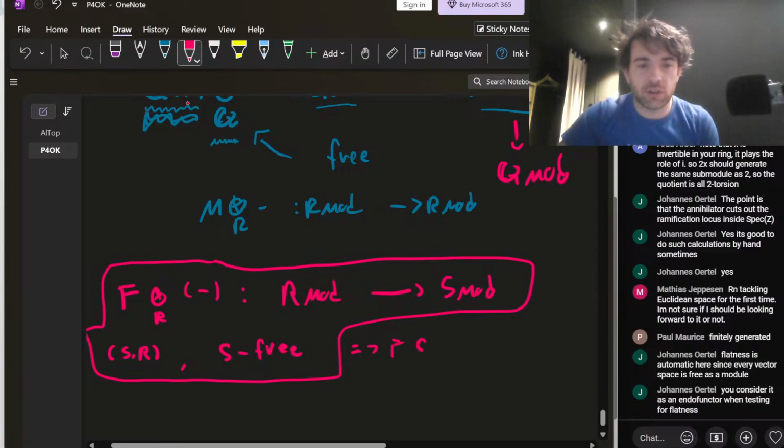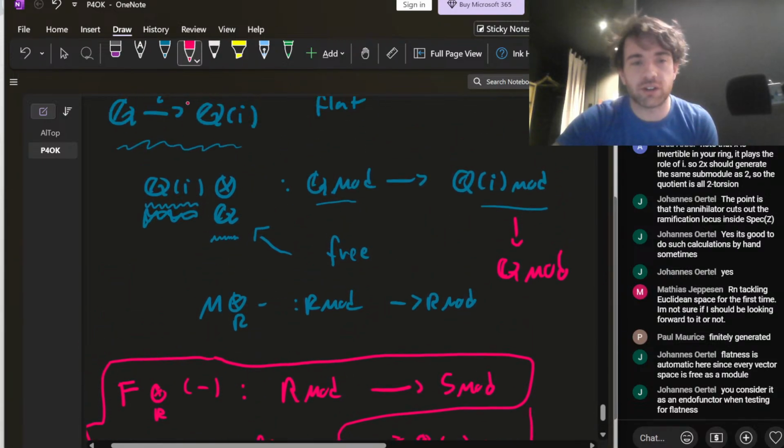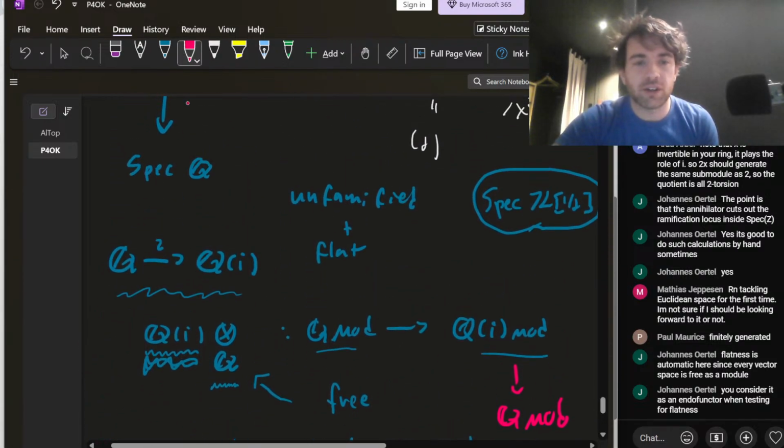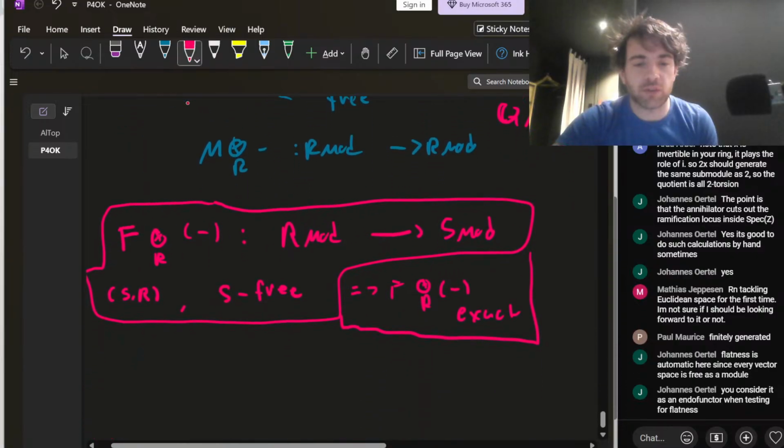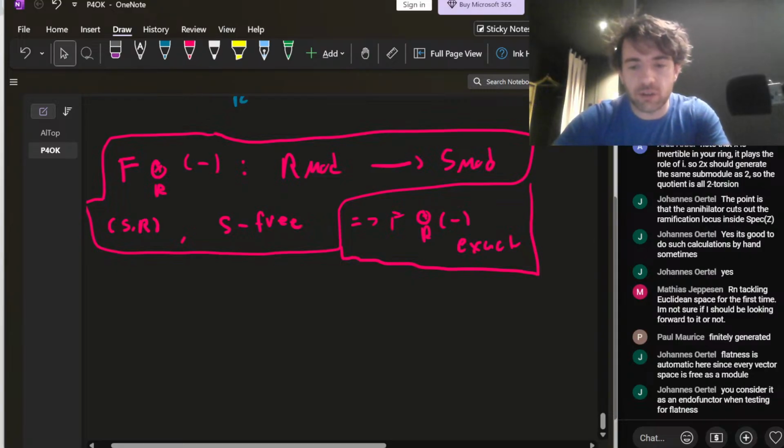It implies this functor is exact. Seems like it should be. Okay, but let's take it as given for now. And then the unramified part. I forget the technical definition.